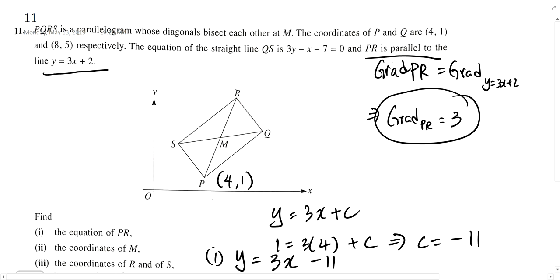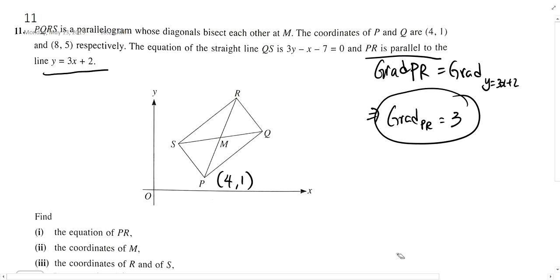Okay, now part 2. The coordinates of M. Does anybody need help? None? So I'm going to call people already. Claudia, how do we find the coordinates of M? y equals 3x minus 11.